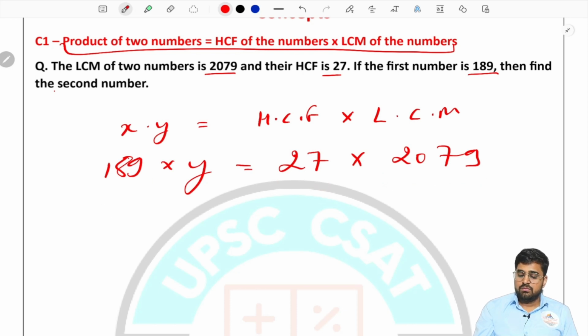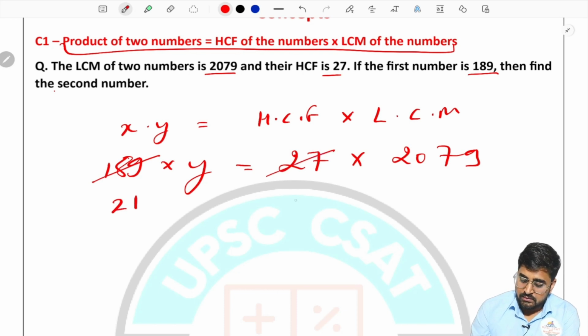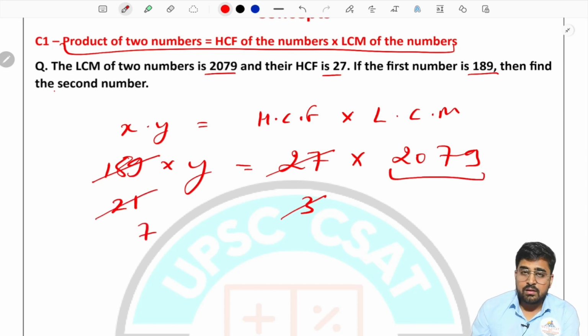Let us try to find out. 9 twos are 18, 9 ones are 9, 9 threes are 27, 3 ones are 3, 3 sevens are 21. Now this number is surely going to divide by 7. 7 twos are 14, 7 twos are 14.